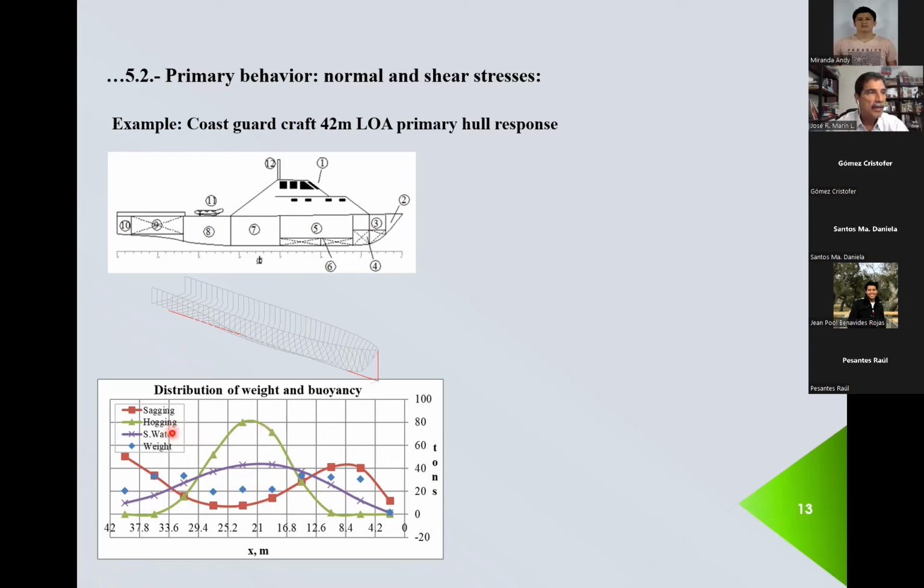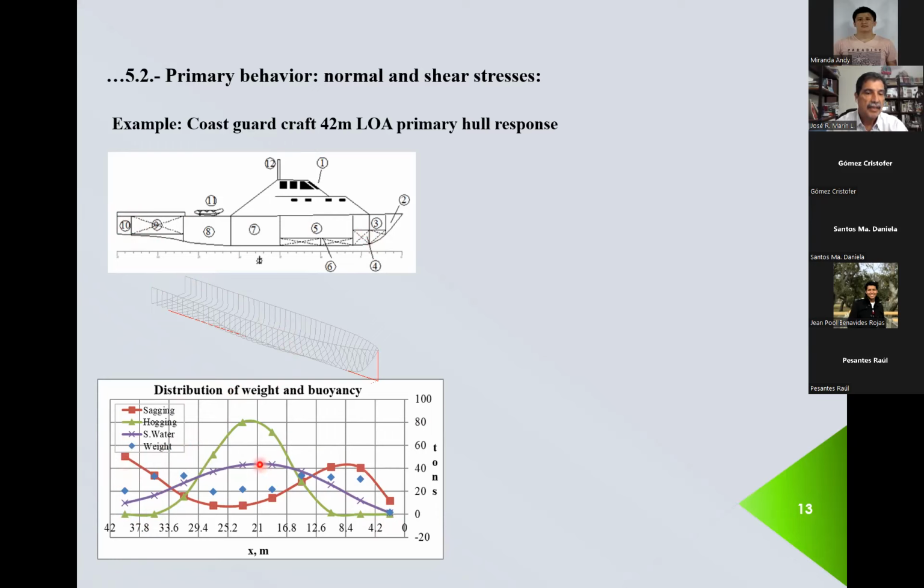In the case of hogging, you have a crest in the midship area, so the buoyancy in this part increases. Then here you are going to have a trough in this area, so probably the aft end of the ship is out of the water, and you see that there's no buoyancy. Similarly at the forward end. When you apply the sagging condition, you have a crest here and a crest here, and that's why you see an increment and an increment.